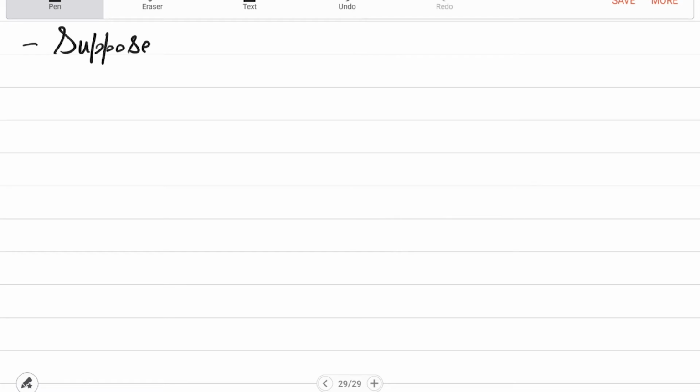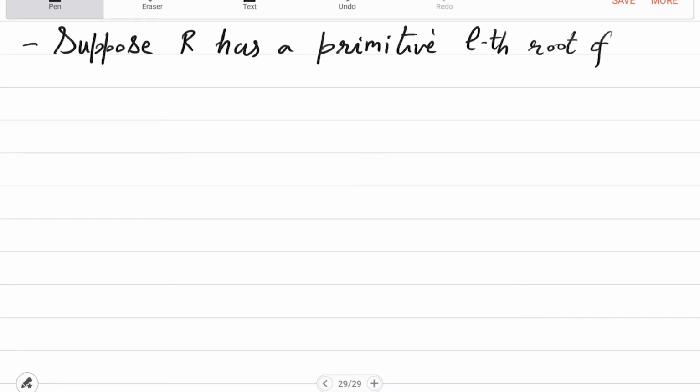So first we make a major assumption that the base ring R already has complex roots of unity. So suppose R has a primitive Lth root of unity omega. Okay, so this may not be true because, for example, if the ring was a ring of integers, then it will have the second root of unity, which is -1, but it doesn't have the third root of unity.